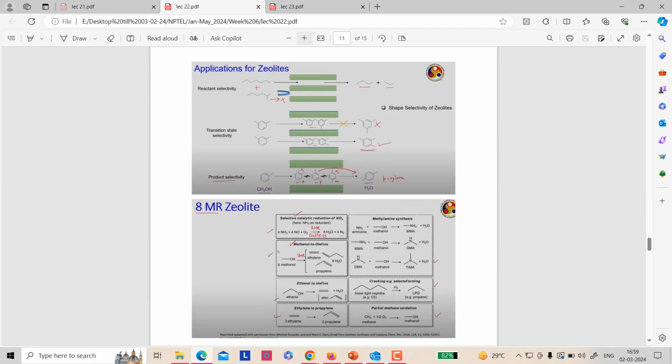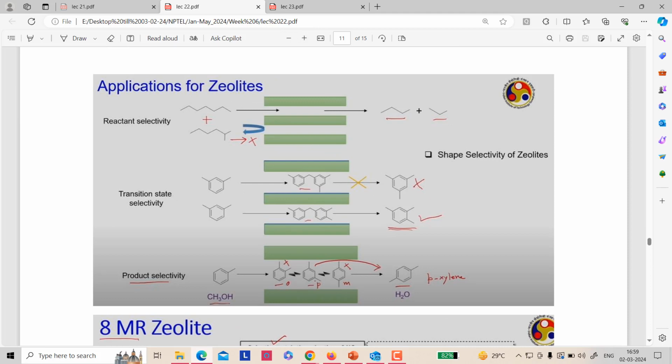So here, this is the meta-xylene, and after the reaction it produces 1,3,5, but it is not the expected one.